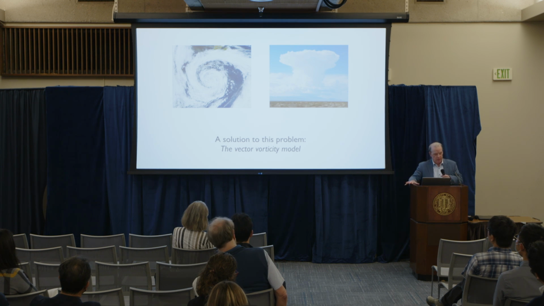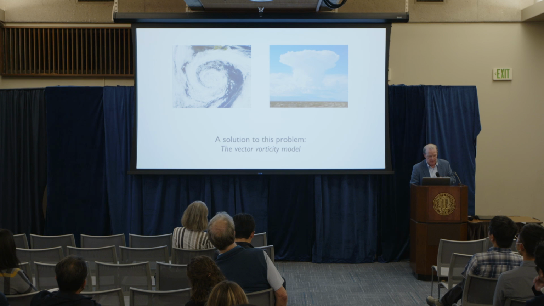The way to solve the problem is to use the vector vorticity model. So here's another reference. First, before I go to the next slide, this is, of course, an extratropical baroclinic eddy, and this is a big cumulus cloud. And so here we've got vorticity in this sense, like so, and it's the vertical component of the vorticity that you're really seeing when you look at the picture.